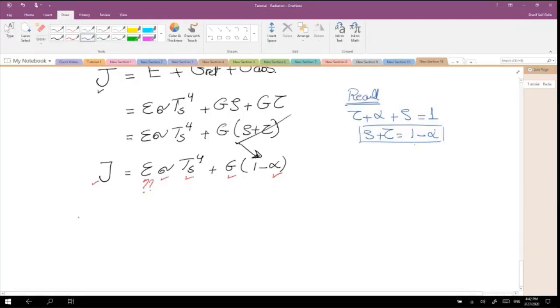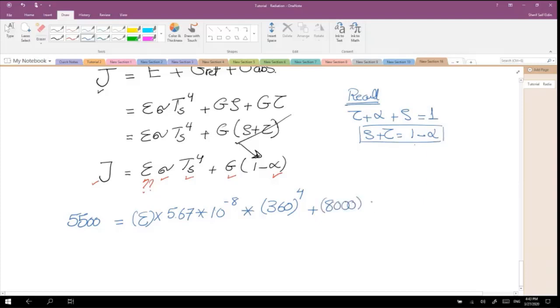So basically, J was 5500. Epsilon, this is the one we are looking for, multiplied by 5.67 times 10 to the negative 8, T surface 360 to the power 4, plus G was 8000.